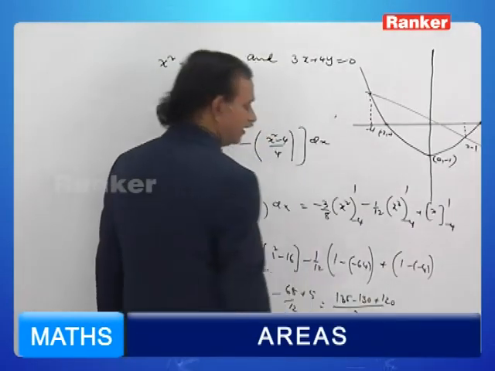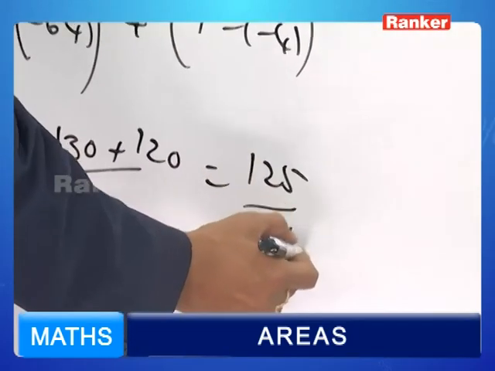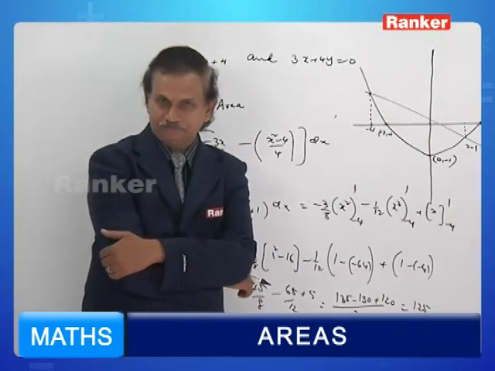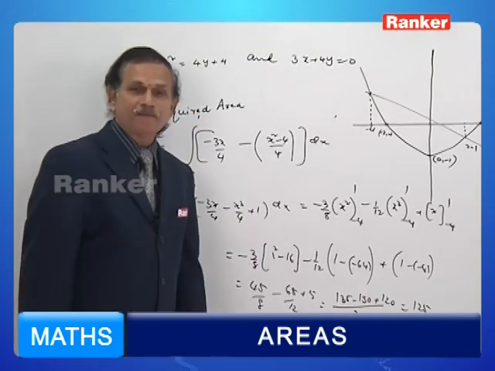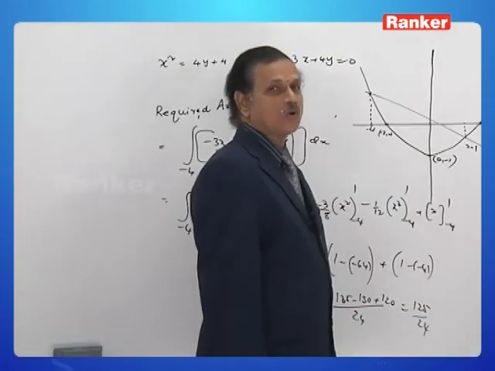This is 5 plus 120, 125, 125 by 24 square units. That is the required area. Here also, the planning about the graph is essential. This plays the vital role.